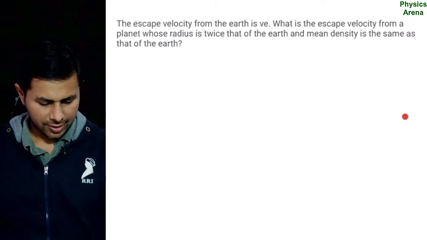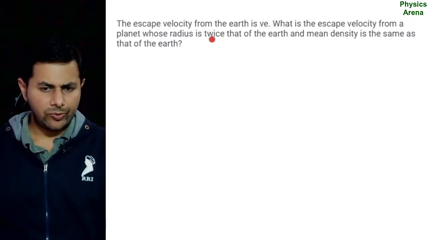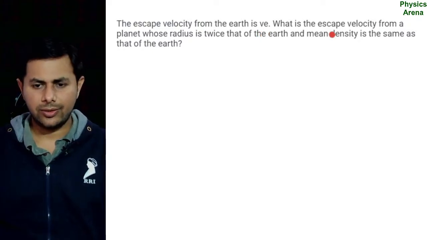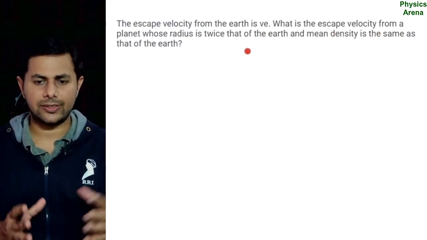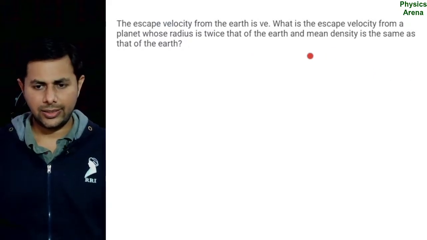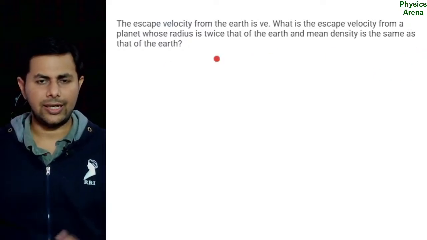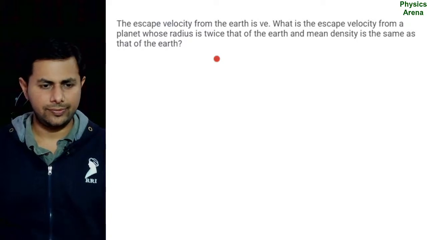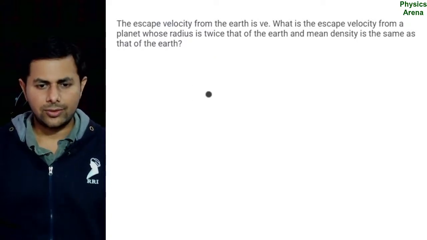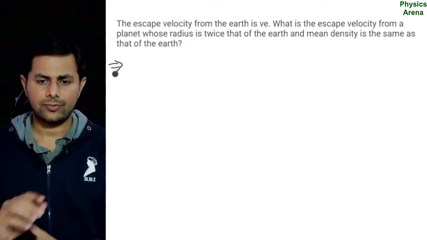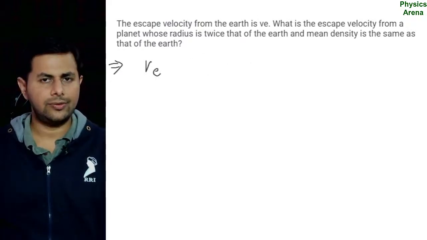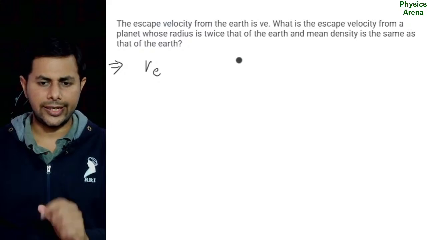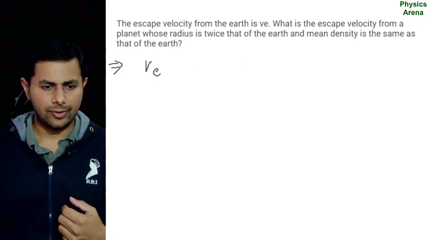So yes, the escape velocity from the earth is v. What is the escape velocity from a planet whose radius is twice that of earth and mean density is same as that of earth? Okay, so now escape velocity on earth is v, and we are asked what is escape velocity on some other planet.